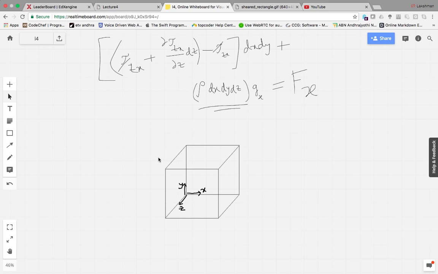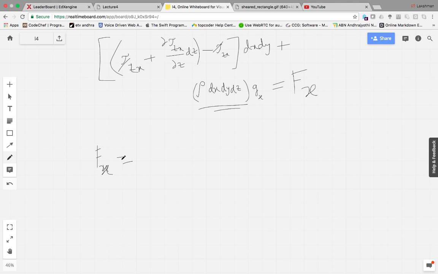Now let me write Fx. So Fx is the net force. From Newton's second law, you know that Fx is mass multiplied by acceleration of a particular body. So this fluid element has some acceleration and it has some mass. Again, remember that mass and acceleration are different from this body force.